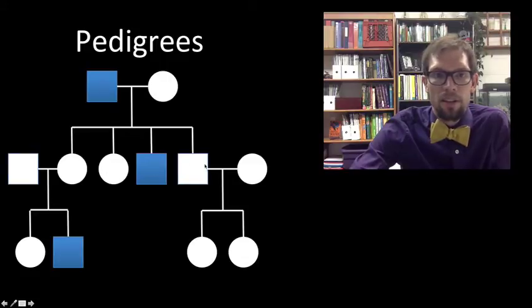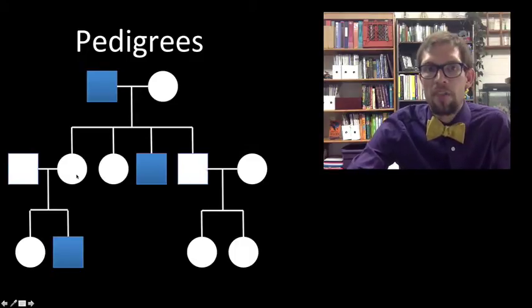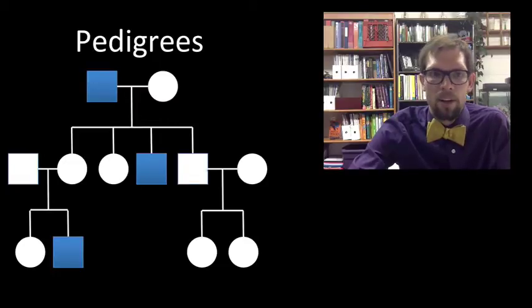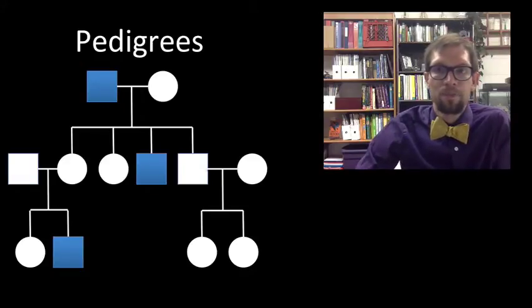So we don't know about this son and this daughter, but they would have to be heterozygous for this because they would have gotten the trait from their dad and not from their mom. So in this case, it's probably a heterozygous one because it skips a generation. If it's a dominant trait, you typically see it in every generation, and if someone's expressing it, it's very likely that one of their children would be expressing it as well.